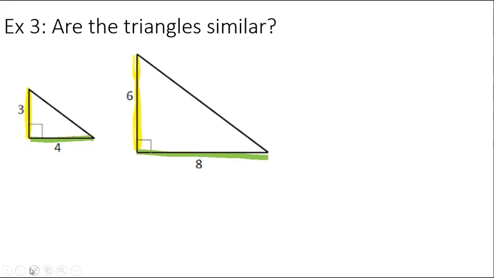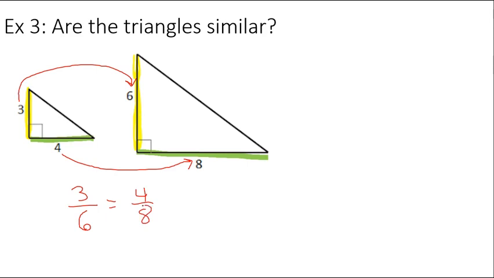Okay, so then when I figure out are they similar, I'm going to do this. I'm going to take 3 and 6. I'm going to say 3 over 6 equals, I take 4 and 8. Okay, so from here, we want to reduce the fraction.